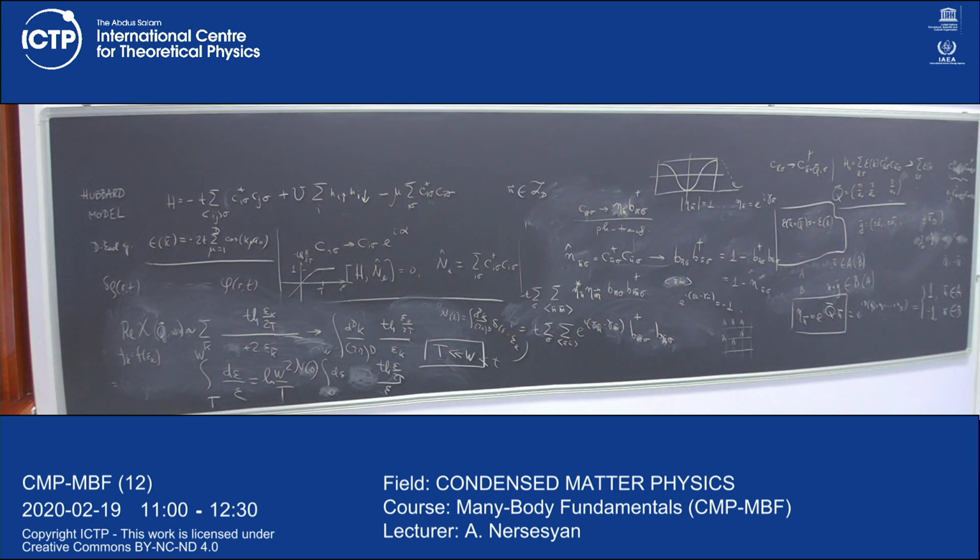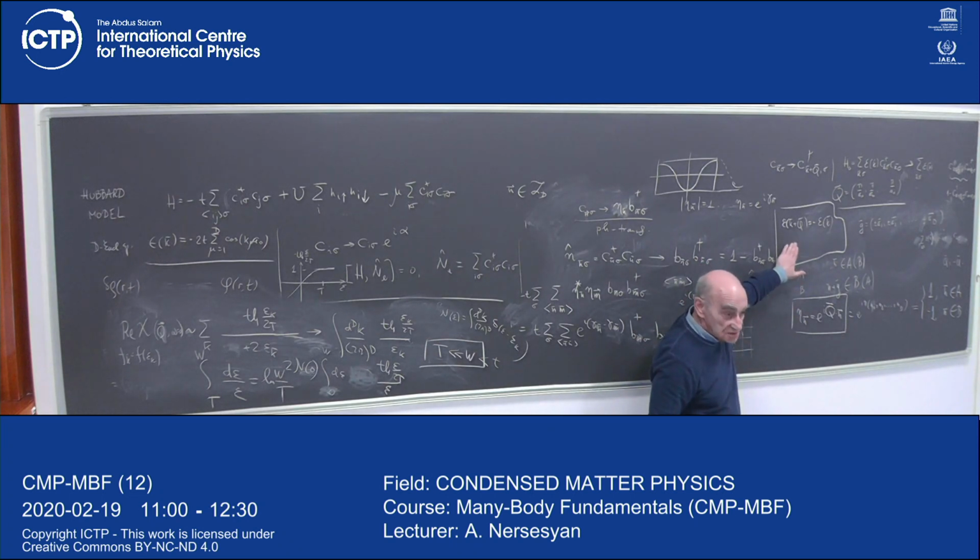Which means that in the static limit, such a system, by the way, please notice I never used any dimensionality. My assumption was only that the density of states behaves decently close to the Fermi surface. So the result is valid for any dimensionality, and follows from the only condition, which is this one.